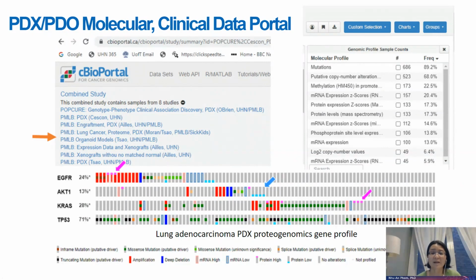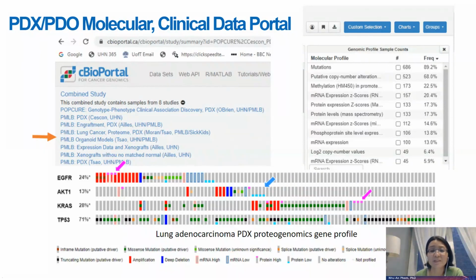As you can see here at our institute, we are supported by the data science group to help upload all the genomics and the proteome data into our own institutional cbioportal.ca database. And here you can appreciate we have all the xenografts that have been profiled, including our latest addition of the organoid models. And all these studies can be integrated and analyzed together.